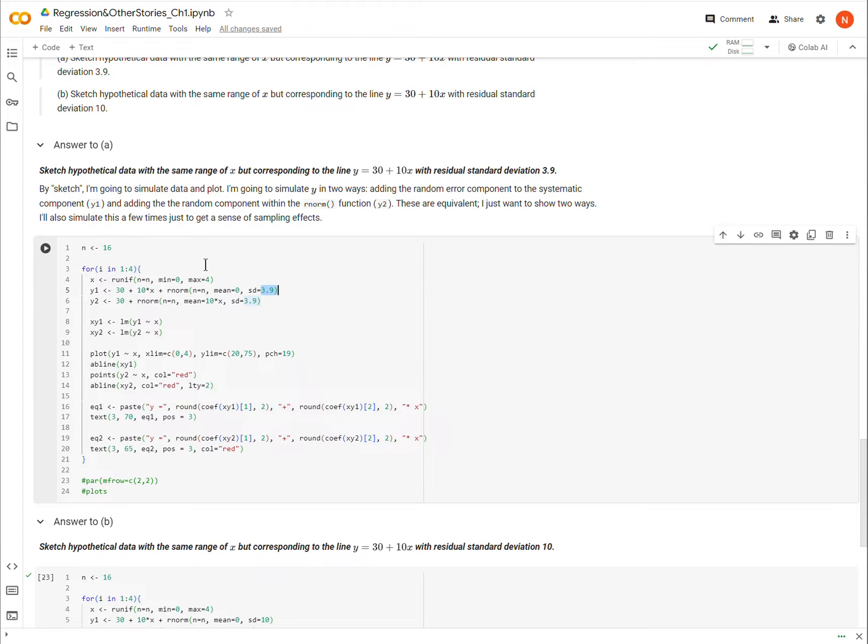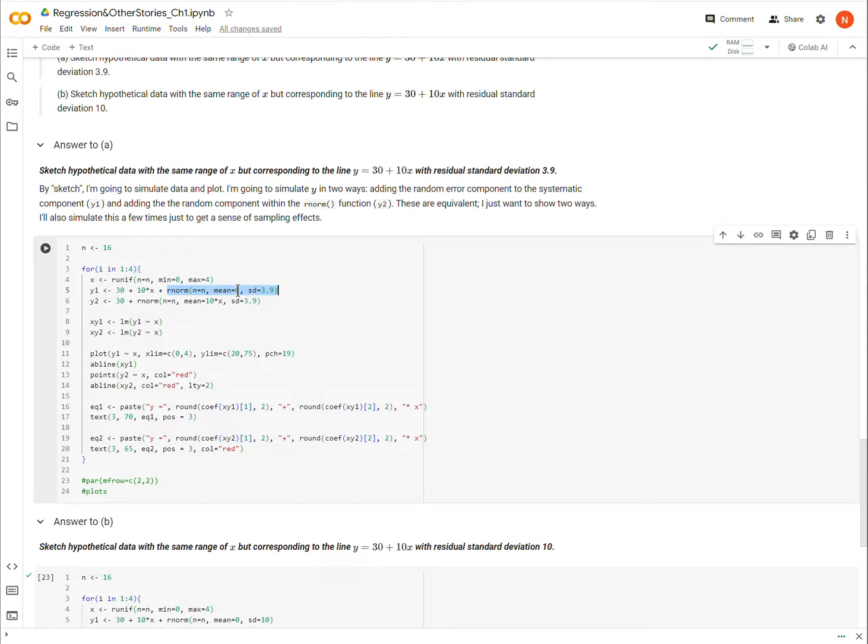I've created y variables in two different ways here. They're equivalent, but I just wanted to show two different ways. The first way is I have the systematic component, so 30 plus 10x, which corresponds to this. And then I've added the error as being from a normal distribution with mean 0.